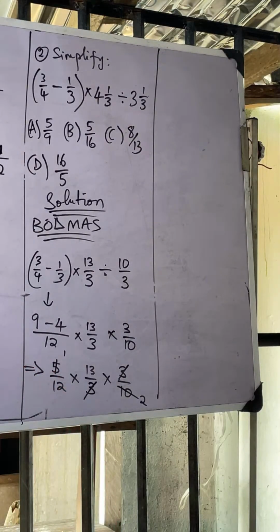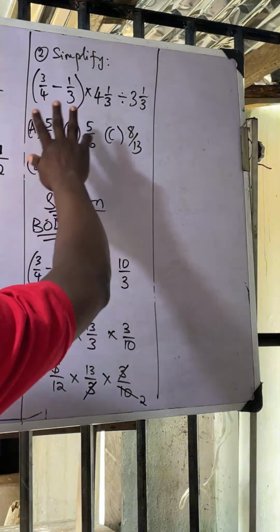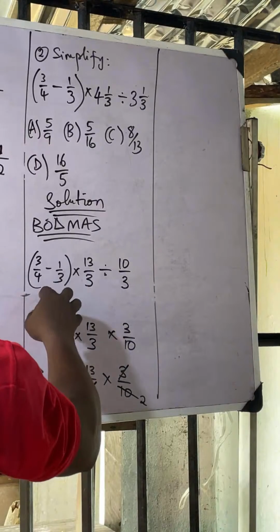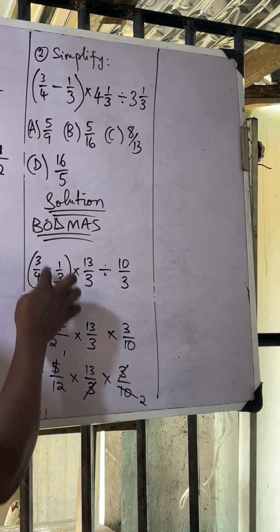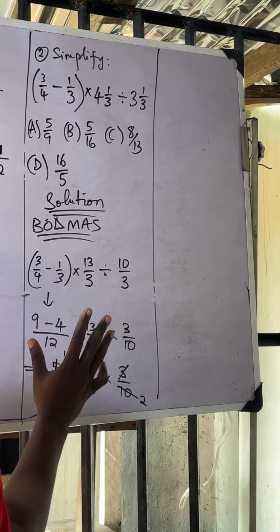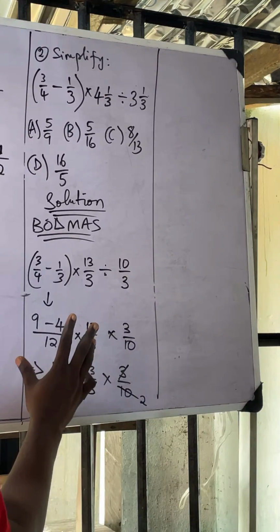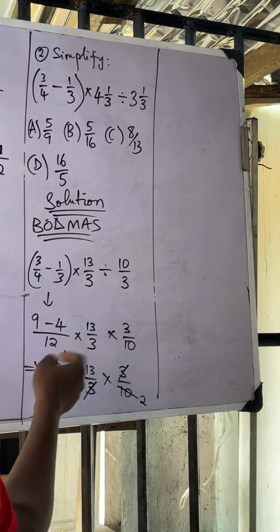Okay, let's just check it again from what we have. The LCM between this is 12. 4 into 12 is 3, 3 times 3 is 9. 3 into 12 is 4, 4 times 1 is 4. So it's okay. So you can still do it this way.